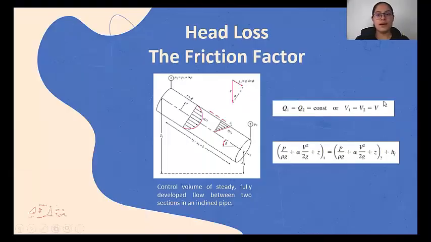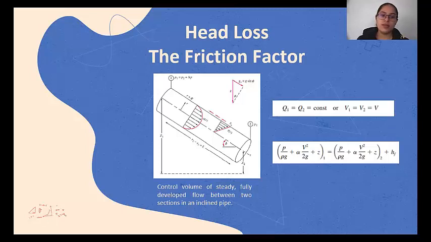When applying pipe flow formulas to particular problems, it's customary to use a control volume analysis. Consider incompressible steady flow between section 1 and section 2 of the inclined constant area pipe. These equations can reduce to head loss versus pressure drop and elevation change.